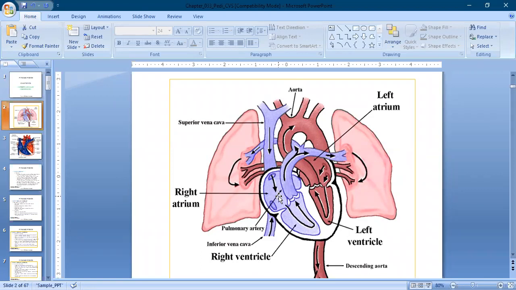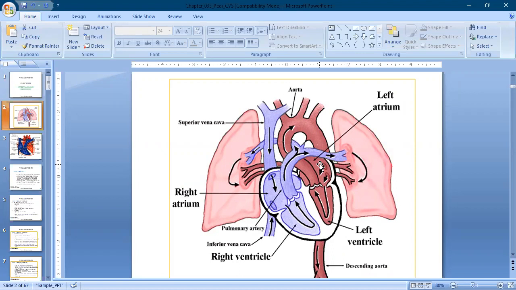This blood goes from the right atria to the right ventricle, and from the right ventricle through the pulmonary trunk to the lungs, where deoxygenated blood gets oxygenated by gas exchange, right? After the exchange, the blood gets oxygen, so the pulmonary vein carries the oxygenated blood from the lungs to the left atria.